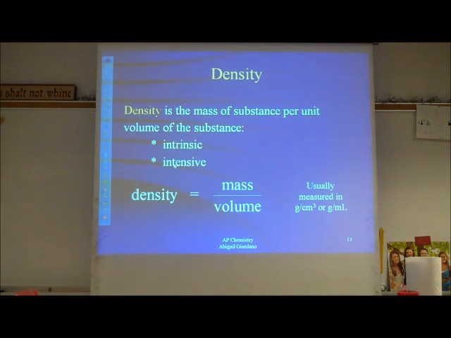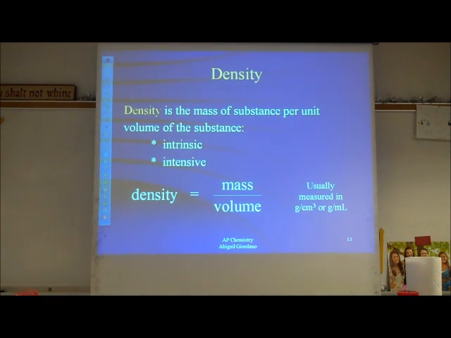Two vocabulary words that, the first one you may not have learned in 10th grade, the second one you probably did, but they're important vocabulary words for you to know. Okay, density is a physical property that can be described as an intrinsic property. The word intrinsic means unique to that substance.